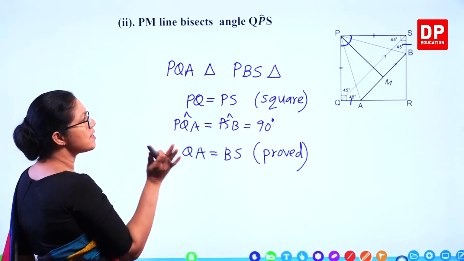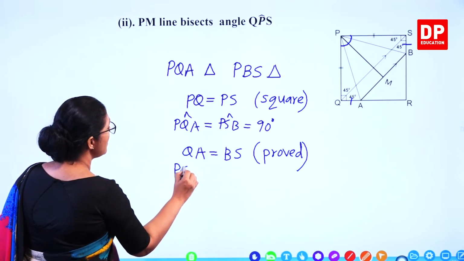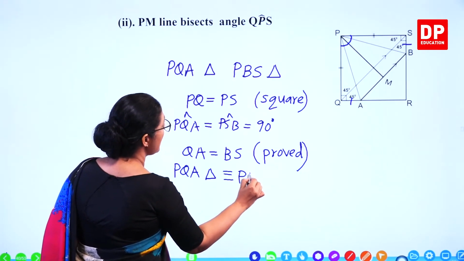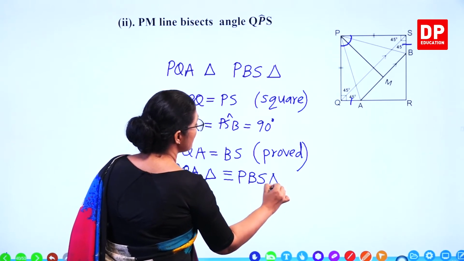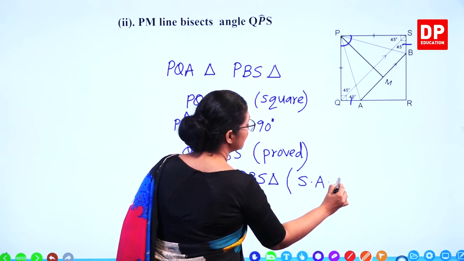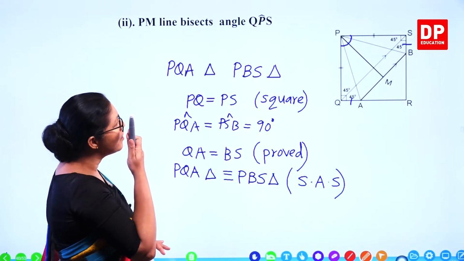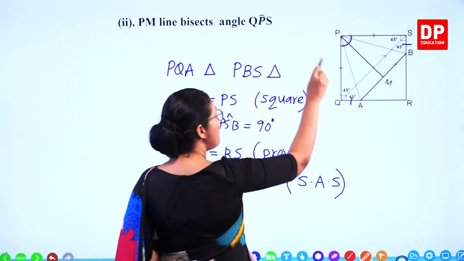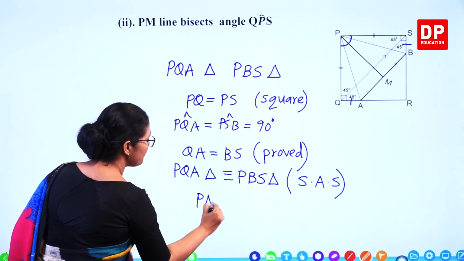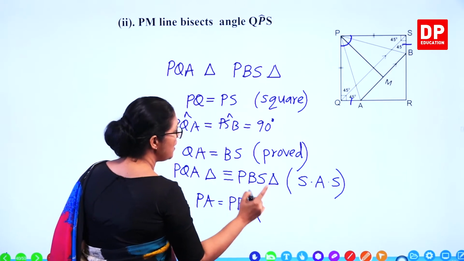Now we know two sides and the included angle are equal. So these two triangles are congruent. What's the case? That's side angle side. So now we found out the two triangles are congruent. So that means the PA length is equal to PB. That means corresponding elements.